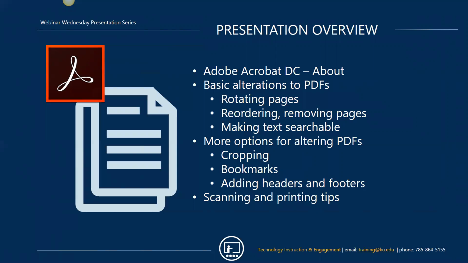We'll get into another example where we'll talk about more options for altering PDFs. So we'll do some cropping of a scanned PDF. We'll look at bookmarks, adding headers and footers. And then we'll also look at just some general scanning and printing tips with Adobe PDF that could help the end result of your PDFs that you're distributing.